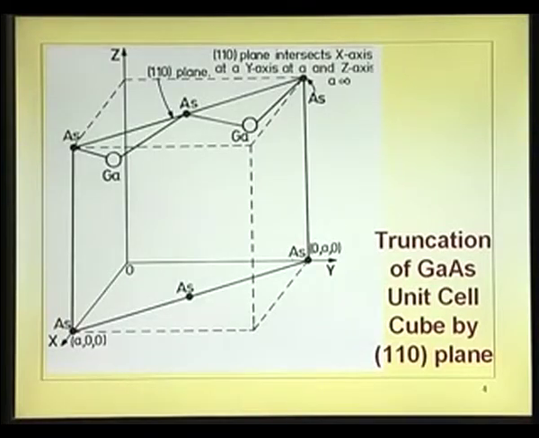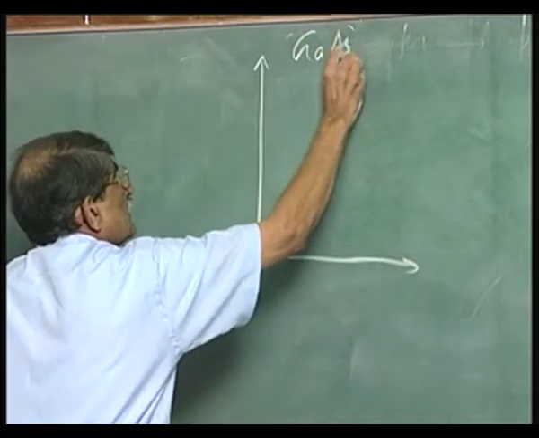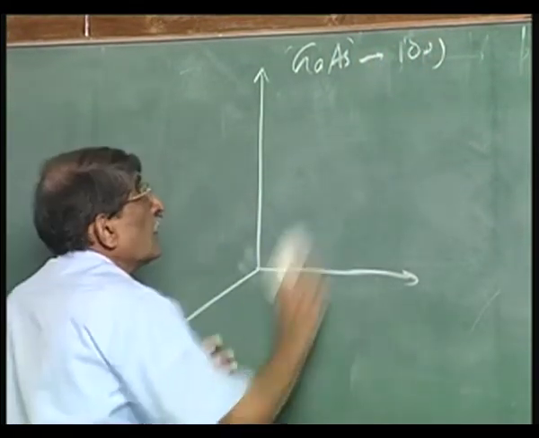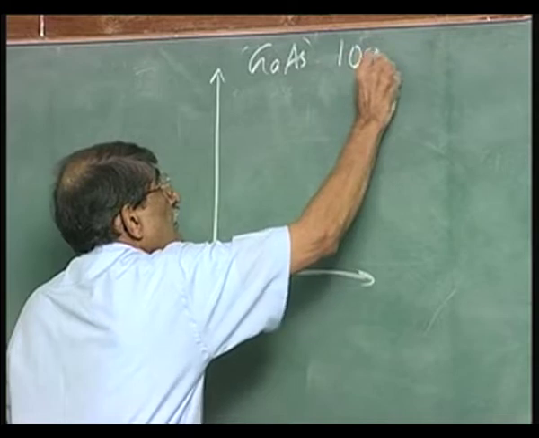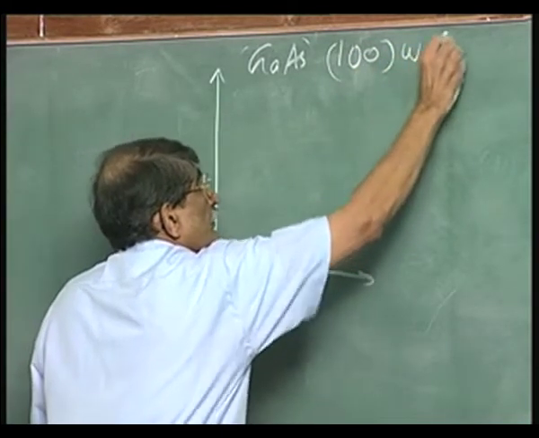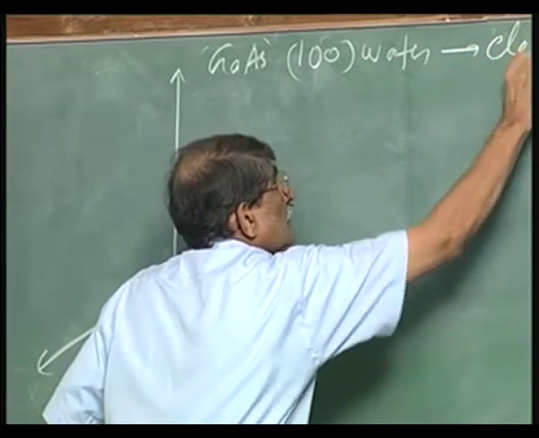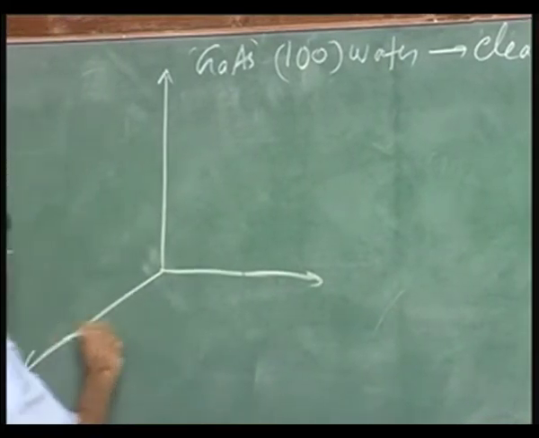Let us draw that. See, if I take a gallium arsenide 1 0 0 wafer and then cleave, you get a plane which is like that.